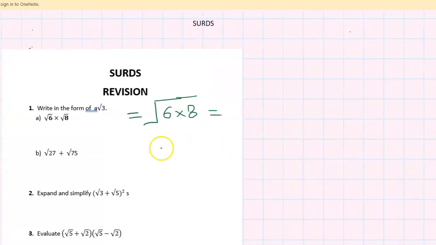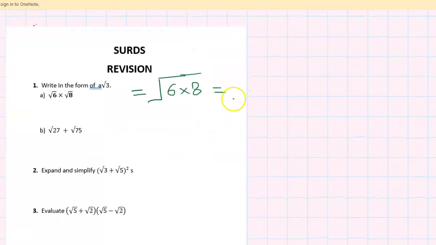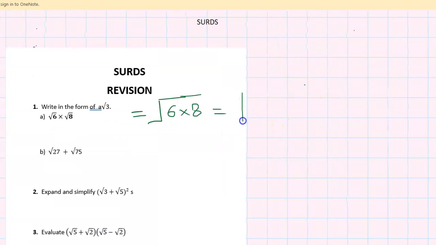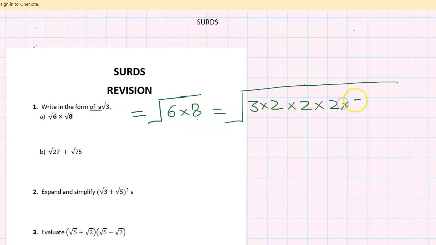Now instead of multiplying in surds, the best thing is to factorize it. So the factors of 6 are 3 times 2, and the factors of 8 are 2 multiply 2 multiply 2.